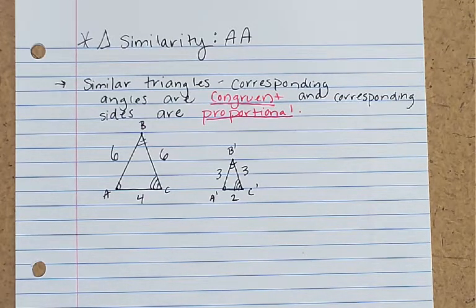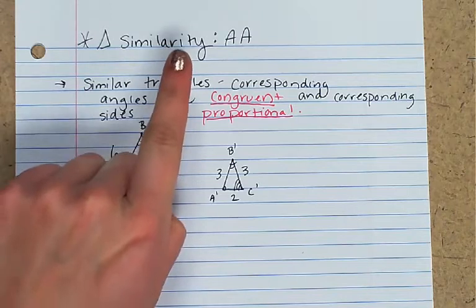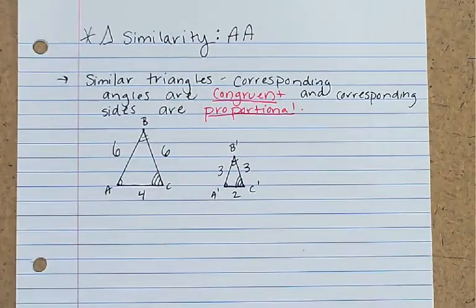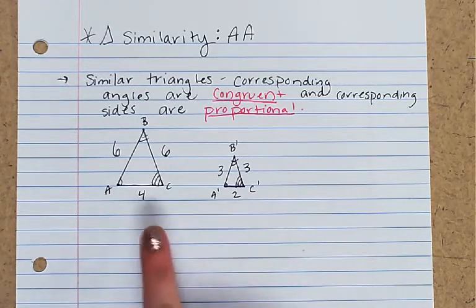When we were proving that triangles were congruent, using SSS, SAS, ASA, AAS, all of those theorems, by just finding those three things that were congruent, we were showing that those triangles were exactly the same size. When you're trying to show that triangles are similar, they are not necessarily the same size. One could be bigger or smaller, or maybe they are the same size and then they would be similar.